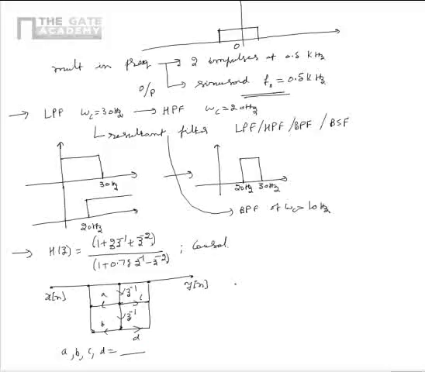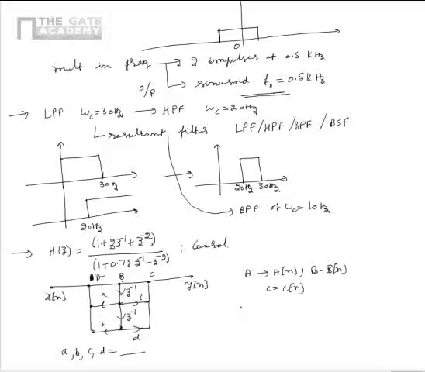We see that from the given implementation, before that let us assume that the signals at the points capital A, capital B, and capital C are A of n, B of n, and C of n.